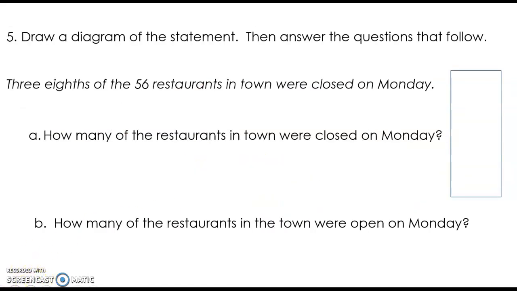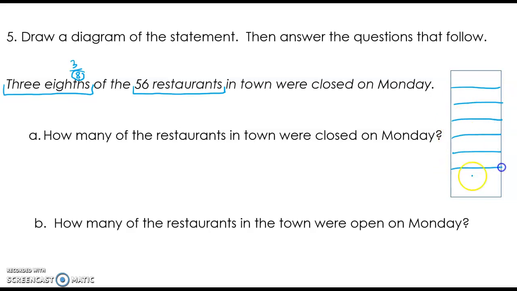All right, next problem. Let's change colors. Draw a diagram of the statement and then answer the questions that follow. 3/8 of the 56 restaurants were closed on Monday. So I know I need something with 8 spaces. 1, 2, 3, 4, 5, 6, 7, 8.